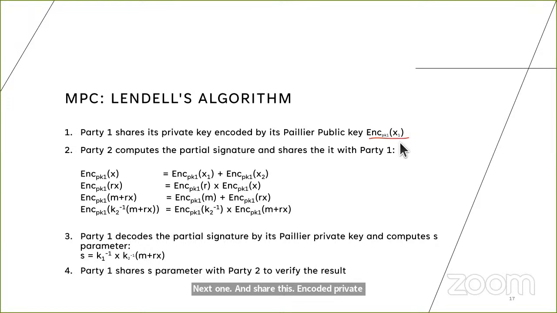It is good because the other party cannot get any information about party one's private key. So party two has X1 encoded, and party two is also able to compute X2 encoded by the public key. And finally, by adding these two together, we can compute the private key encoded. And we know that the private key is in fact the summation of X1 and X2.